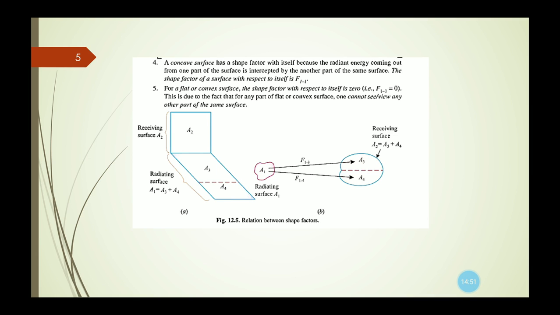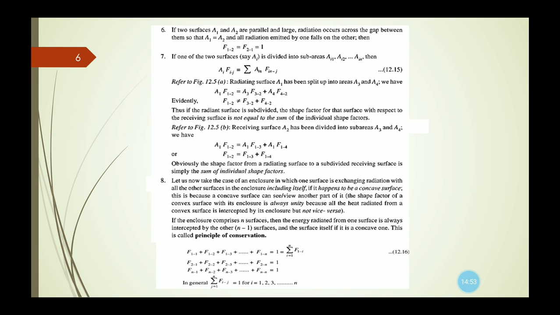So in this case, the receiving surface A2 is divided into subareas A3 and A4, and in that case A1 F12 is equal to A1 F13 plus A1 F14, or F12 is equal to F13 plus F14. So obviously the shape factor from a radiating surface to a subdivided receiving surface is simply the sum of the individual shape factors.